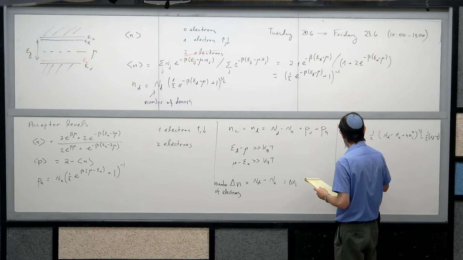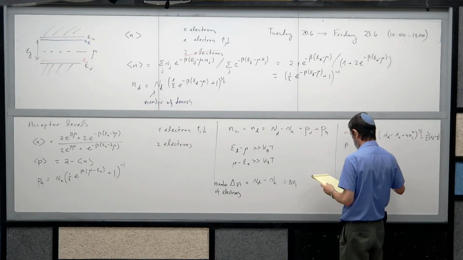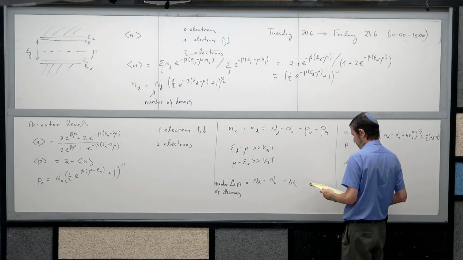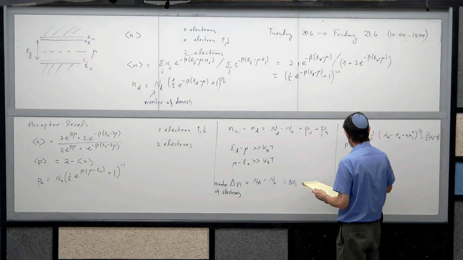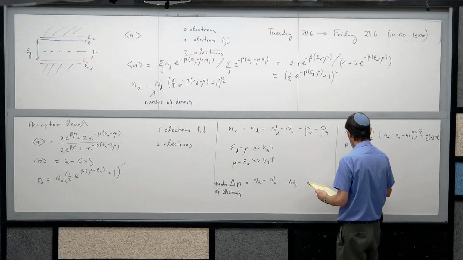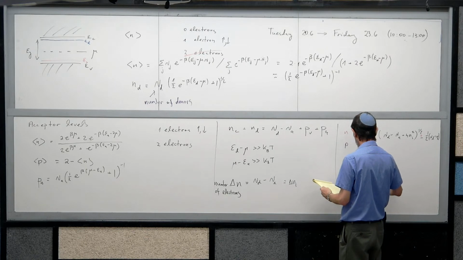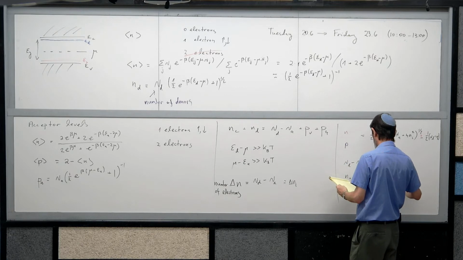So we have here two situations. Nd minus Na is much smaller than Ni. In this case, Nc or PV will be equal to Ni plus minus half Nd minus Na.